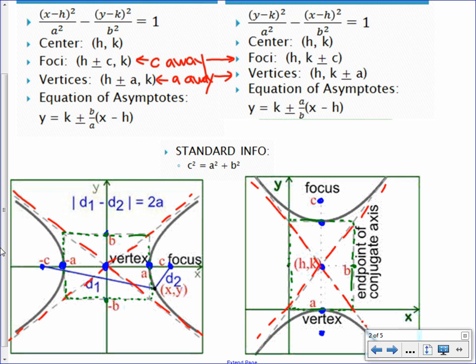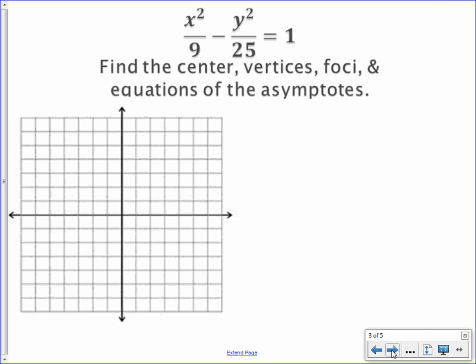We are going to start out with one in standard form. It's very basic, so we can kind of see the layout of how we're going to find everything. Are we ready? Everyone have what they need written down? Okay. Here we go.